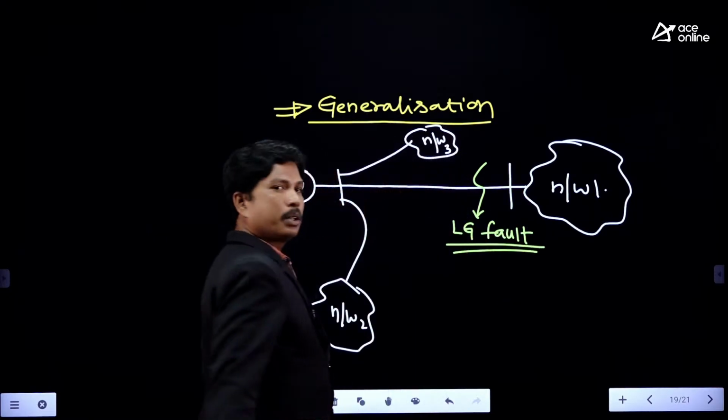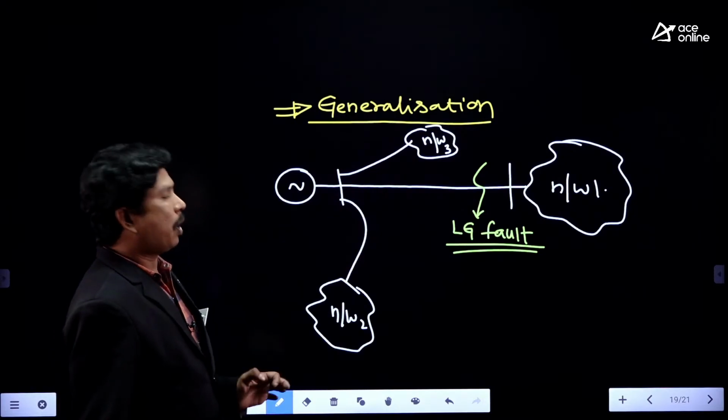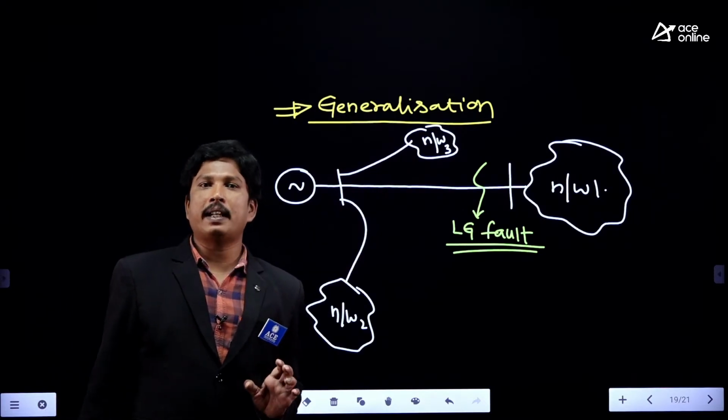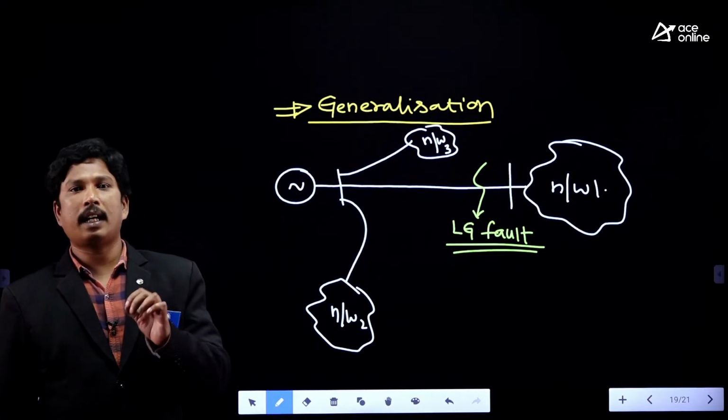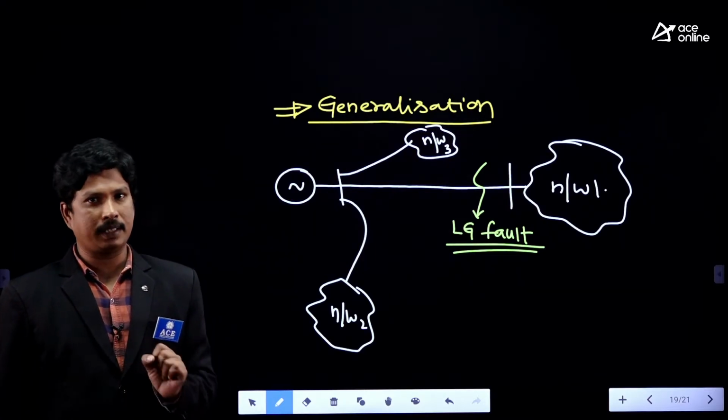In this case, to calculate the LG fault, you have to apply Thevenin's theorem. By applying Thevenin's theorem, we have to calculate the positive sequence impedance, negative sequence impedance, and zero sequence equivalent impedance of the system, right?